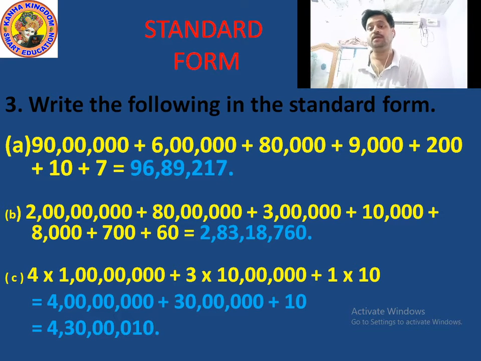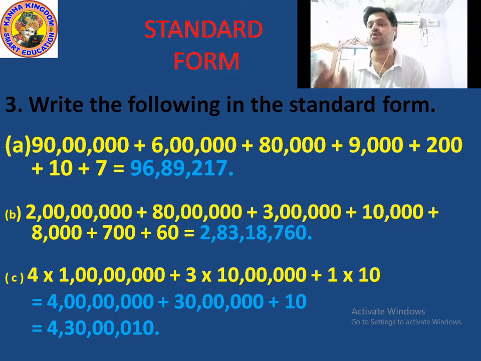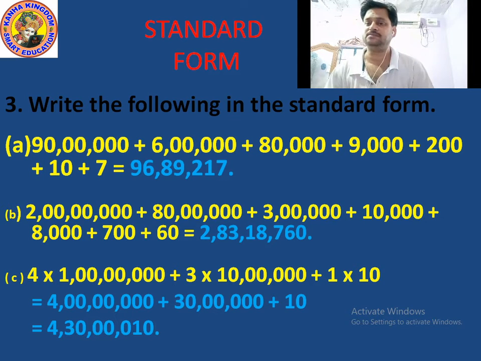Now plus 700, and 700 plus 60 equals 760. Nothing in the ones place value.